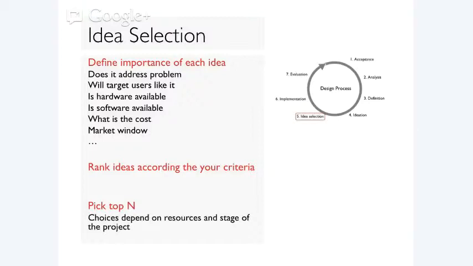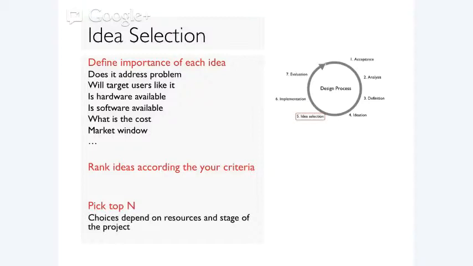Now the important part is actually to separate the two stages. You don't want to evaluate right away while you're having ideas, because that can stifle your creativity. So come up with all the ideas first, then say, okay, now we're done with coming up with ideas. Let's evaluate which of these are a good fit for our requirements and which of these are just too wild and crazy.